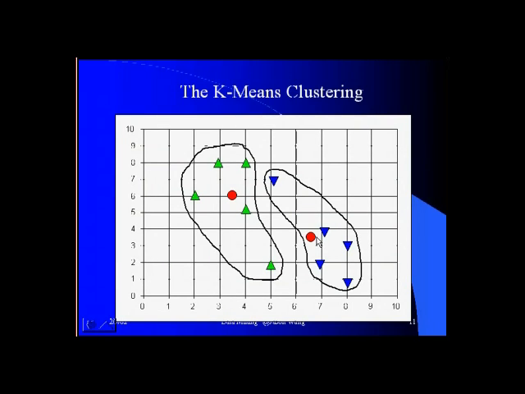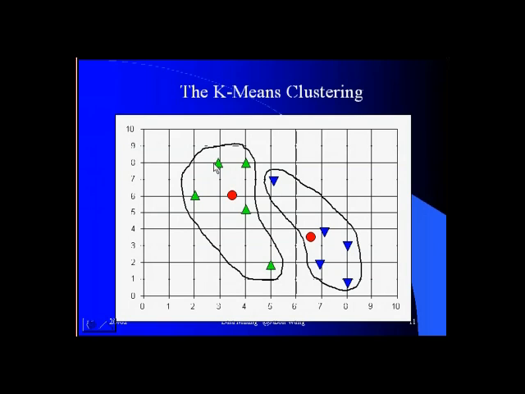Then, what we do is we reassign objects if necessary. We reassign each object to the cluster with the center that is closest to that object. So look at this object. Look at these 2 centers you have so far. Which center is closest to this object? This center is closest, right?